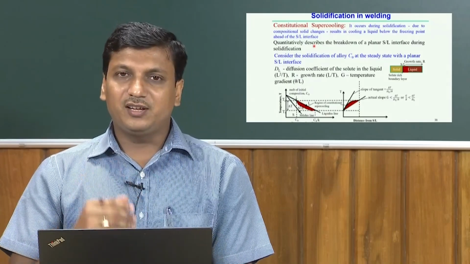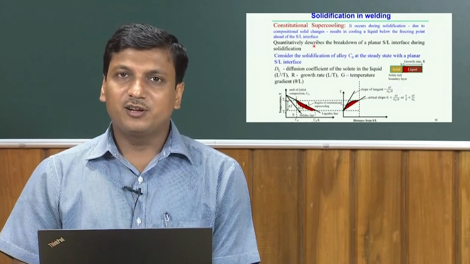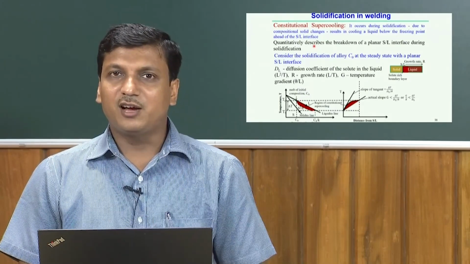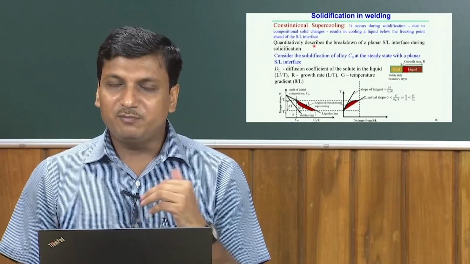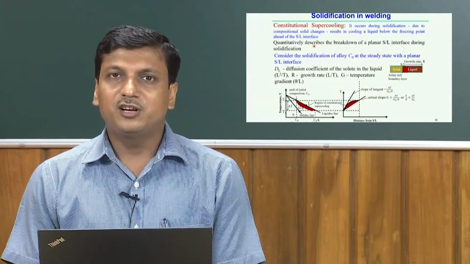In case of pure metal, it can be well defined from the time versus temperature diagram, and this amount of supercooling depends on, or the values are different for, different types of material.